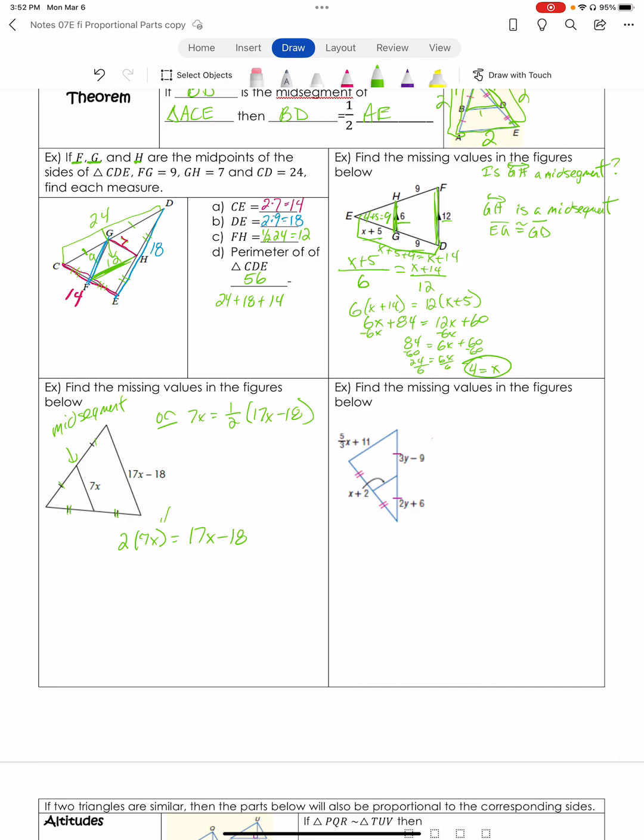I prefer this one. 2 times the smaller is equal to larger. So that's 14x is equal to 17x minus 18. Subtract 17x. Negative 3x is equal to negative 18. Divide by negative 3. X is equal to 6.